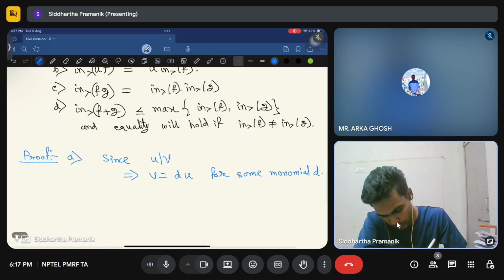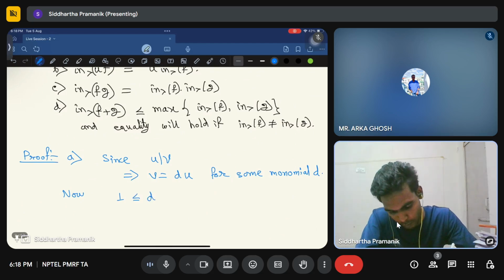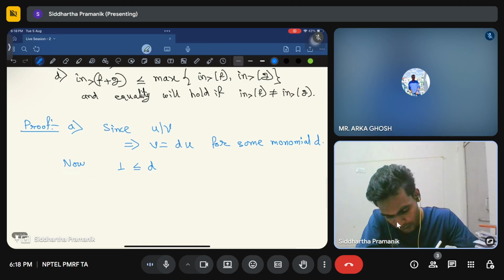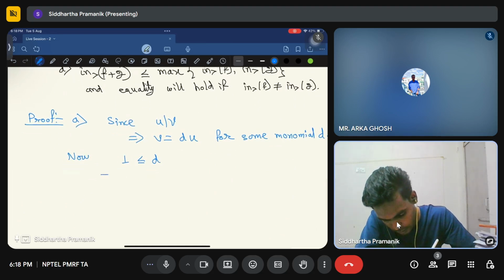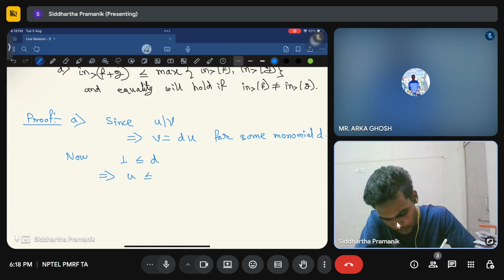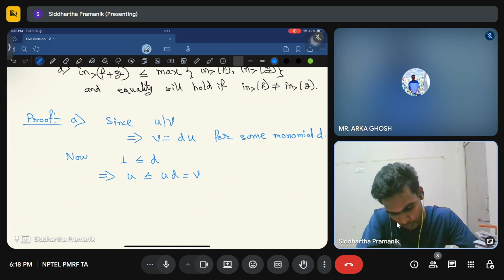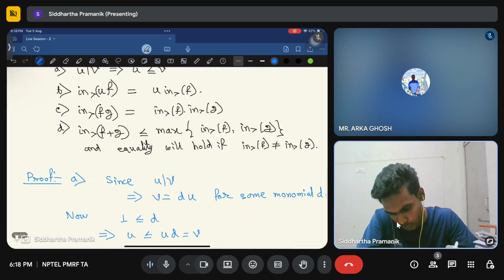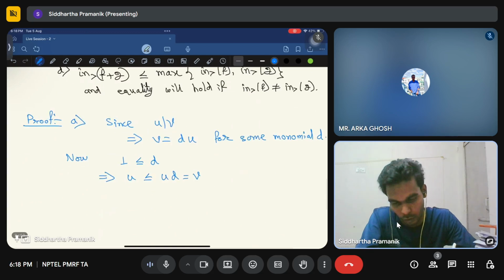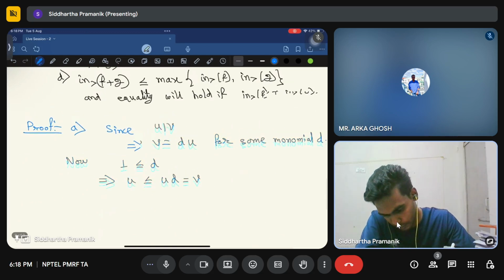Now, by the first property, 1 is less than or equal to d, because d is any monomial. If we multiply u with both sides, we get u less than or equal to ud. This is basically v. So u is less than or equal to v. So this is very simple.